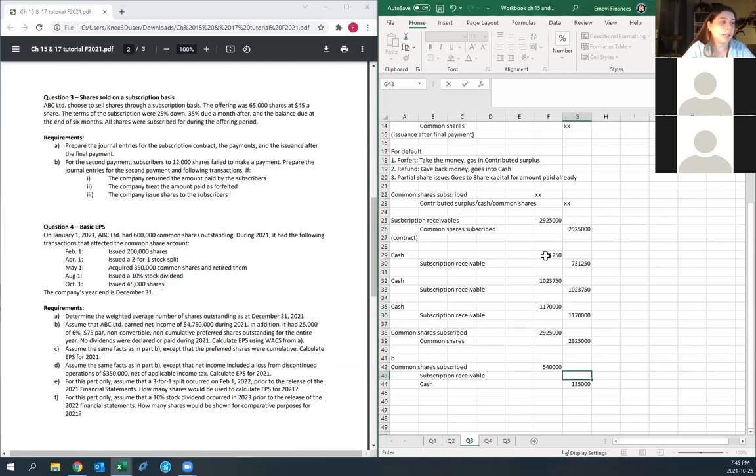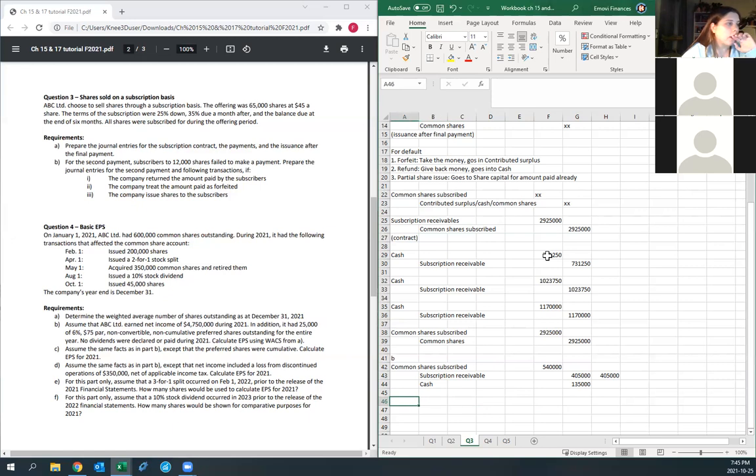You can just do the difference. Right, this minus this, or you can find this by doing 12,000 divided by 65,000 times your subscription receivable minus your first payment. Should give the same thing. All right.